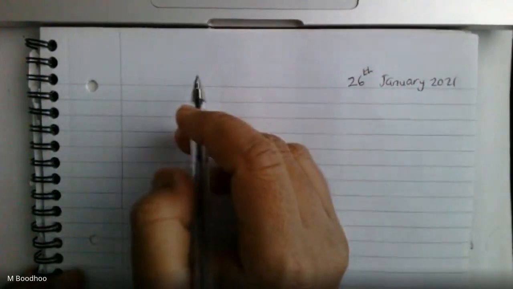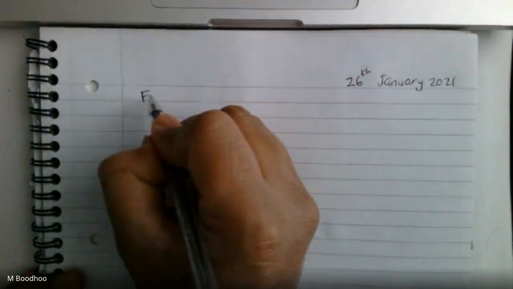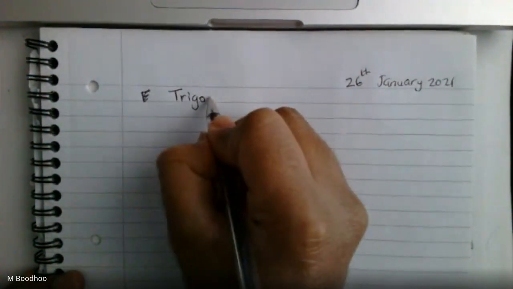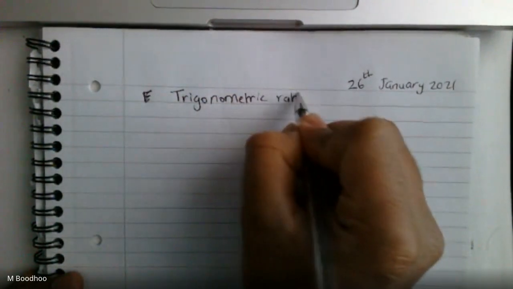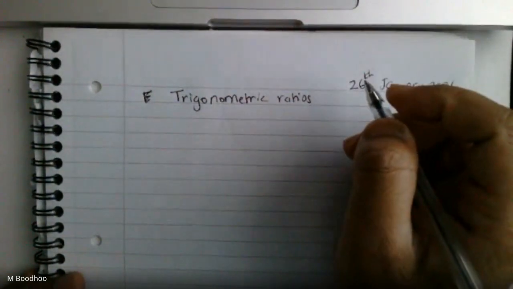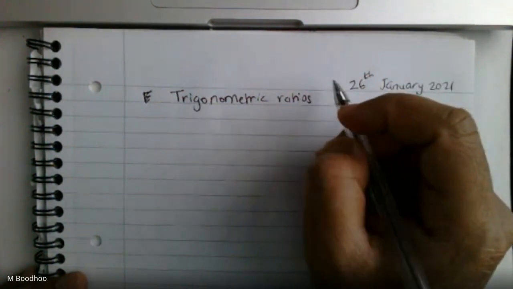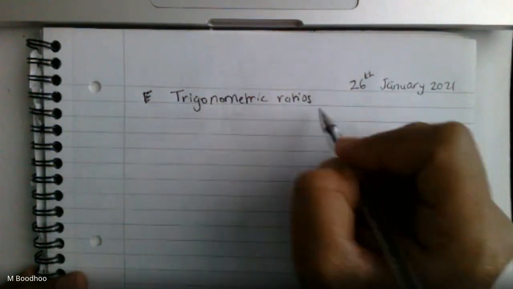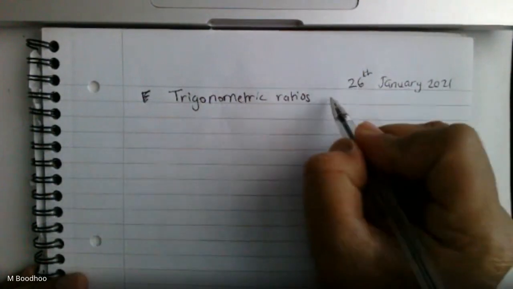Now today I'm going to show you how to find. So we're going to continue with trigonometric ratios, which is SOHCAHTOA.